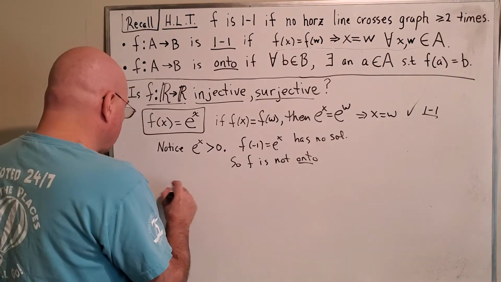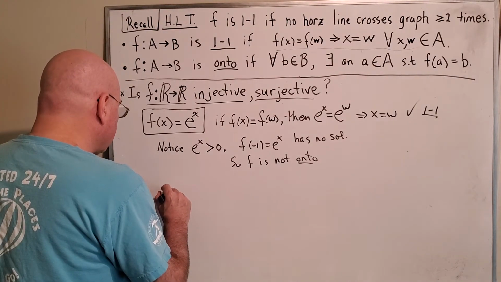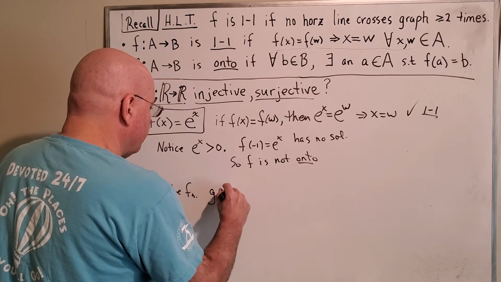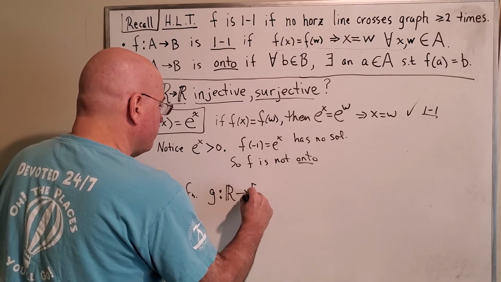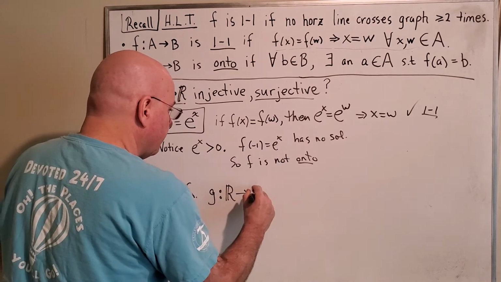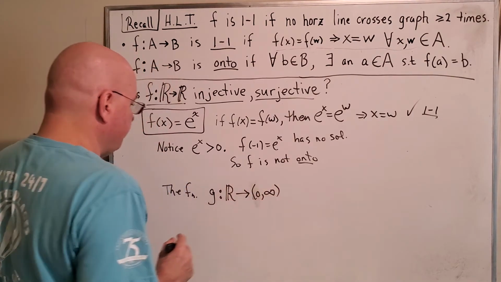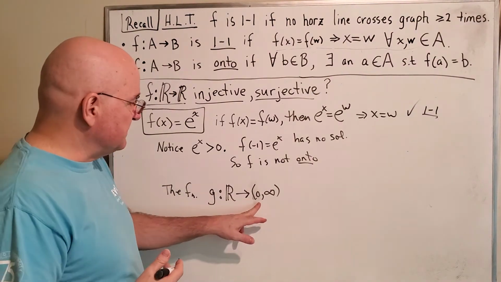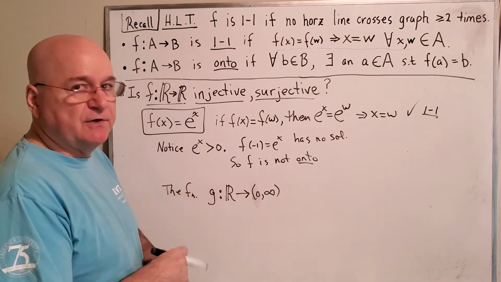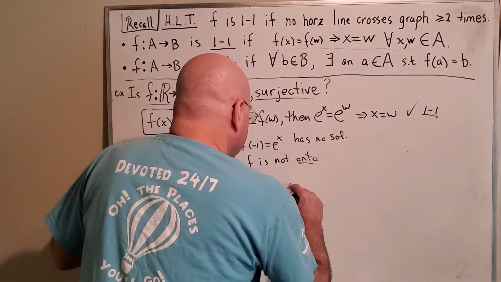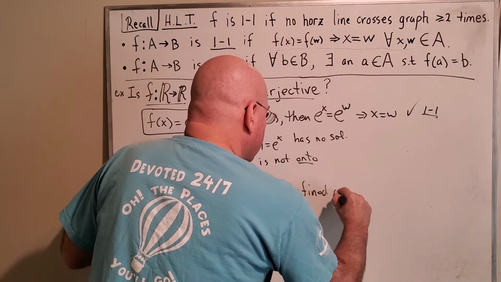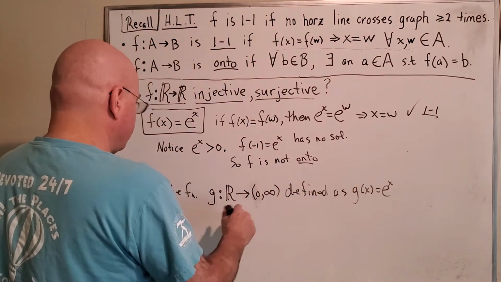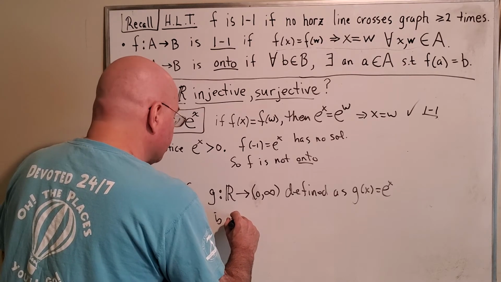But notice this. The function, I'm going to use a different letter. If I choose g mapping all the real line into the positive numbers, this is every positive number, and it does not include 0, defined as g of x equals e to the x, it is onto or surjective.